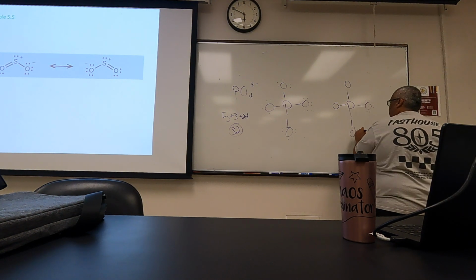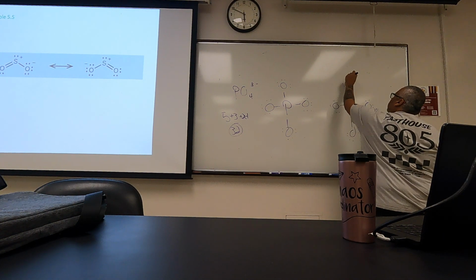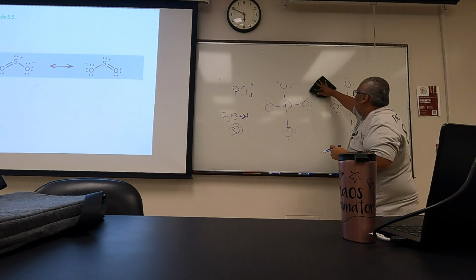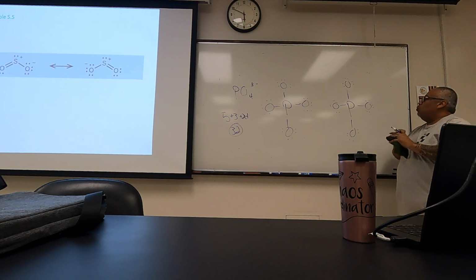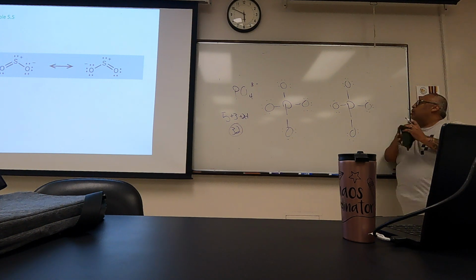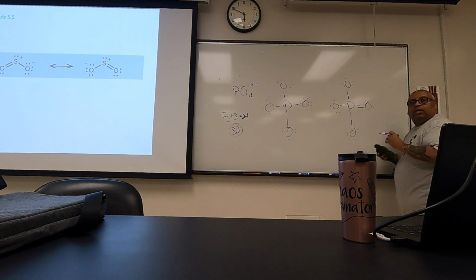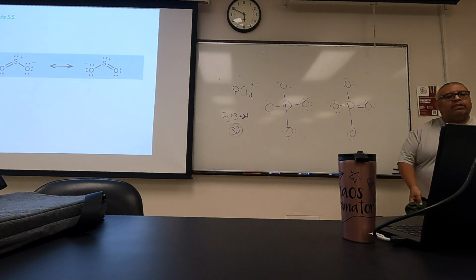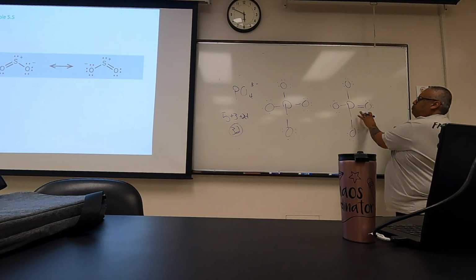And we're going to make an adjustment to this one here. All right. So this isn't the only way that we can draw it. It's because phosphorus is hypervalent, it can take more electrons, more than just 8. Maybe we share these electrons with phosphorus. And now let's take a look at the stability of this.